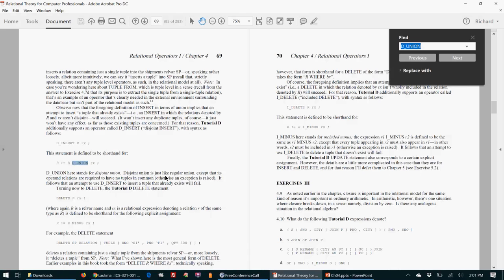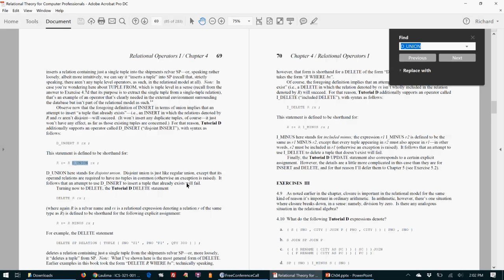D union stands for disjoint union. Oh, I'm sorry. Disjoint union is like a regular union, except that its original relations are required to have no tuples in common. Otherwise, an exception is raised.